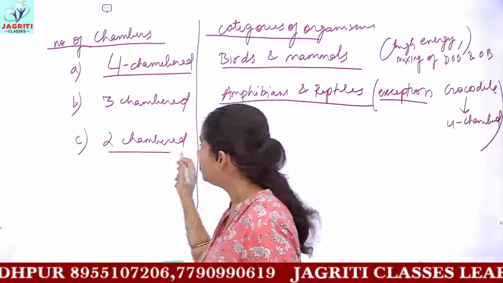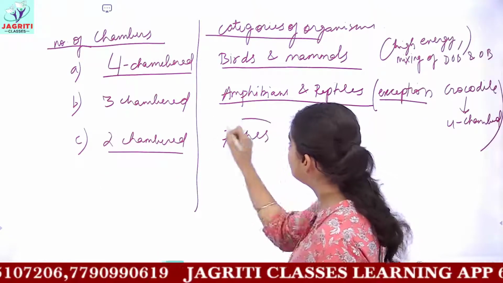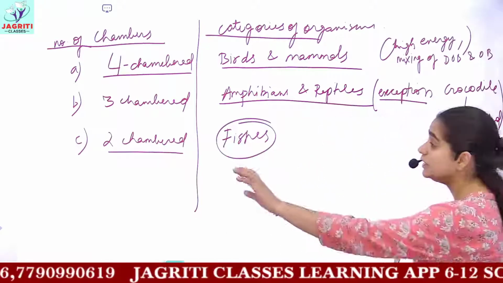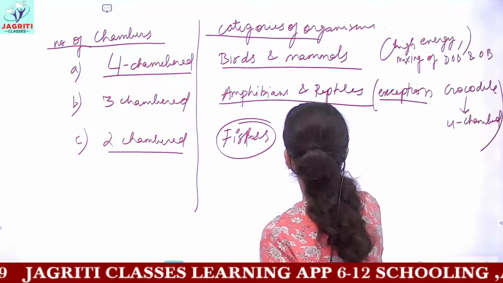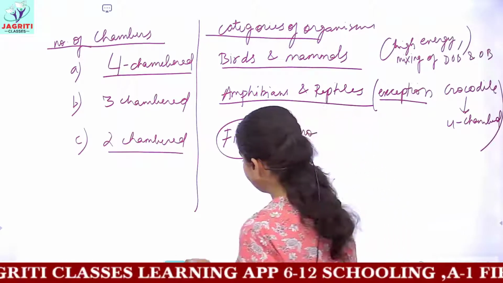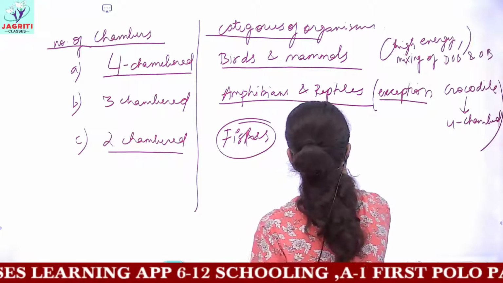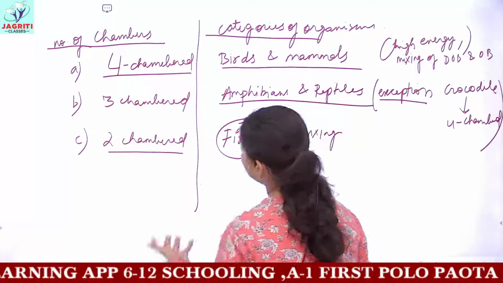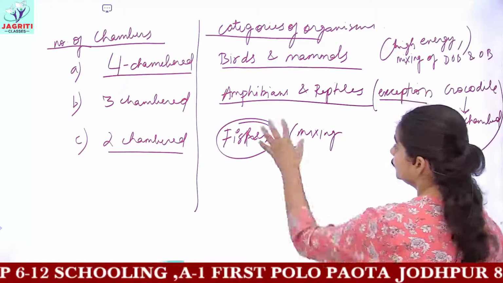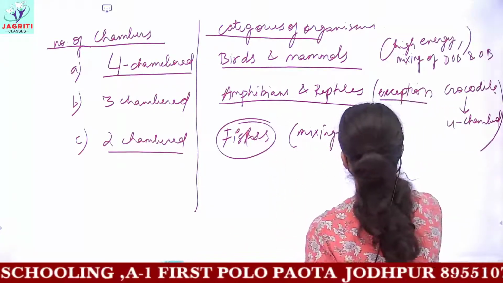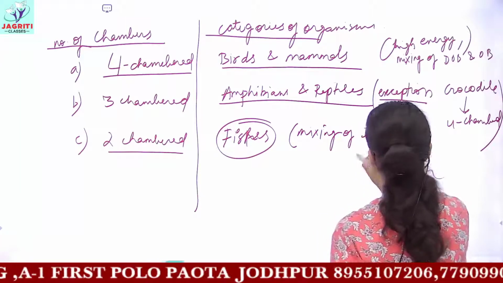And the two-chambered heart, such a simple heart, is found in fishes. Because in fishes only a two-chambered heart is present, they have less requirement of energy. And here, mixing of oxygenated and deoxygenated blood occurs, because you have only two chambers and these two chambers are not well separated.